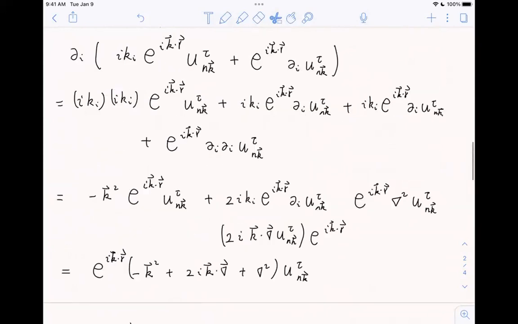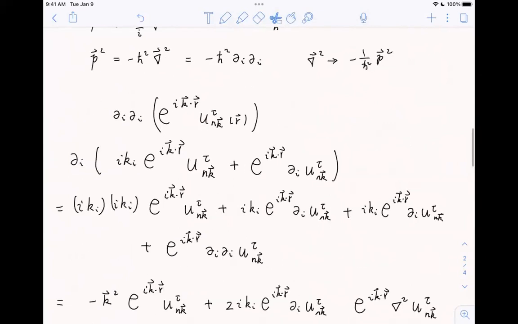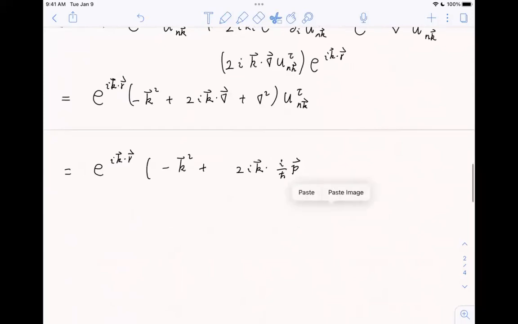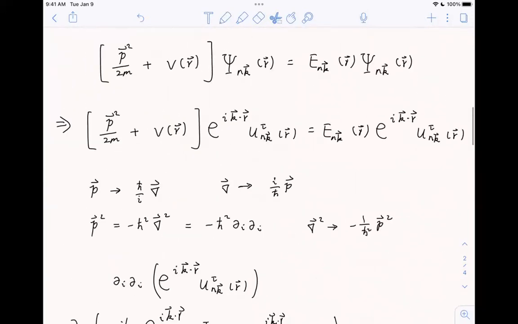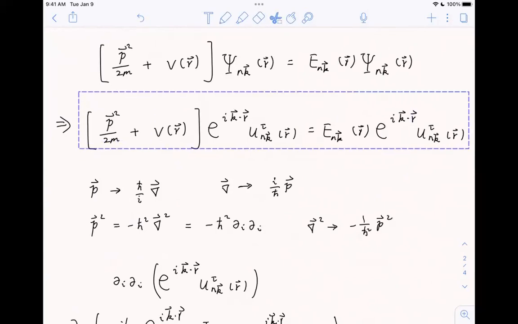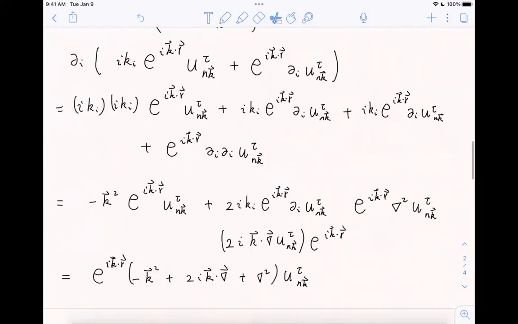Then the gradient will be this, copy. The minus sign is already here. Okay, so now let's rewrite this equation.